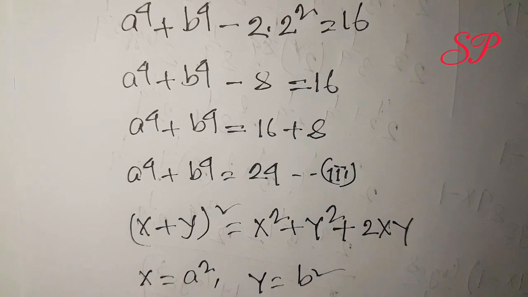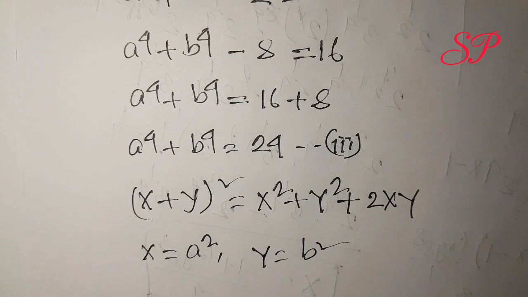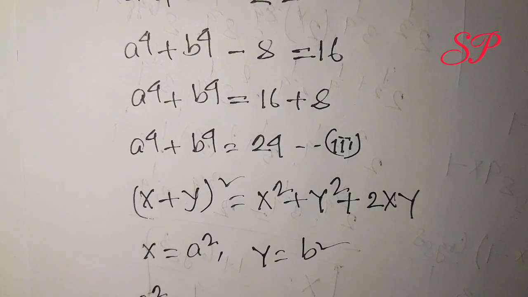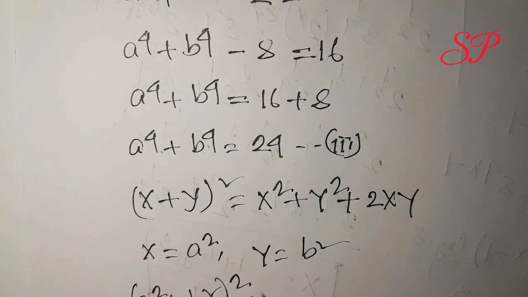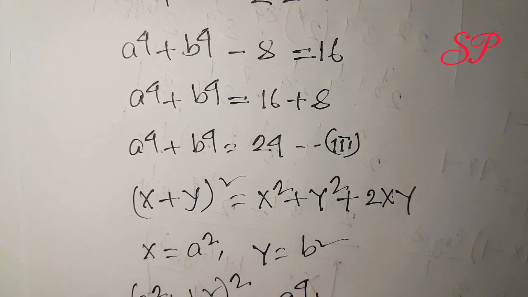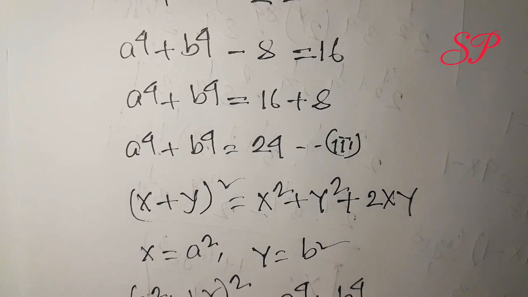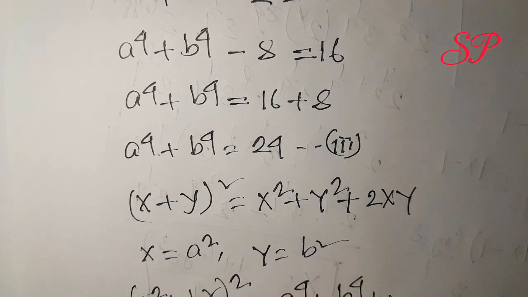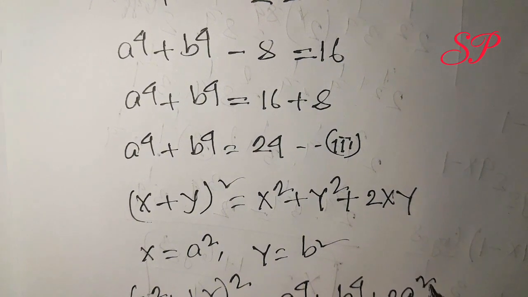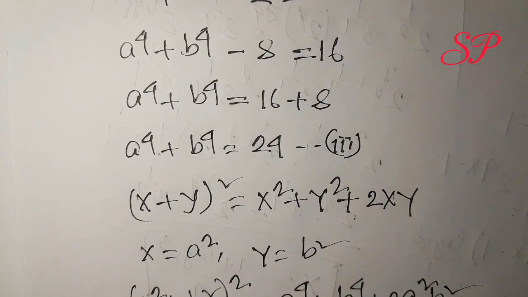Then we can write a square plus b square all square is equal to a to the power 4 plus b to the power 4 plus 2a square b square.